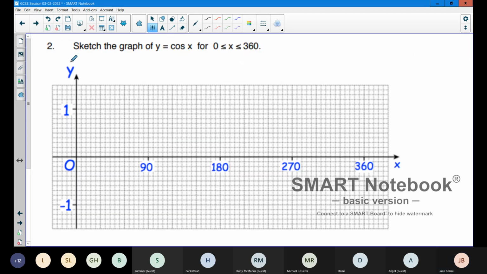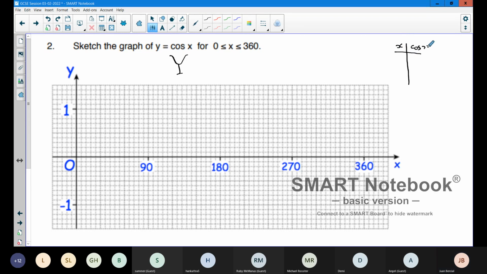Then the cos, and for the cos I just remember that it's like a cup. Imagine that the cosine is like a cup. If you go into your calculator, you've got x here and the cos of x.